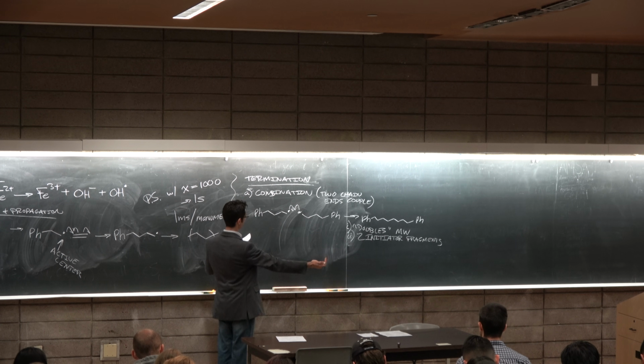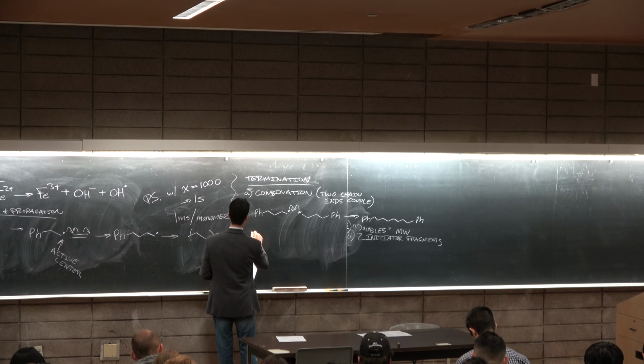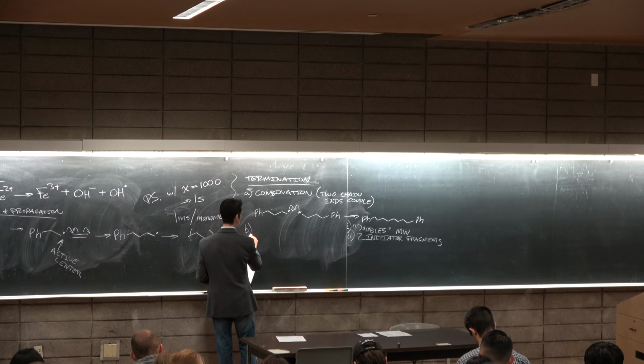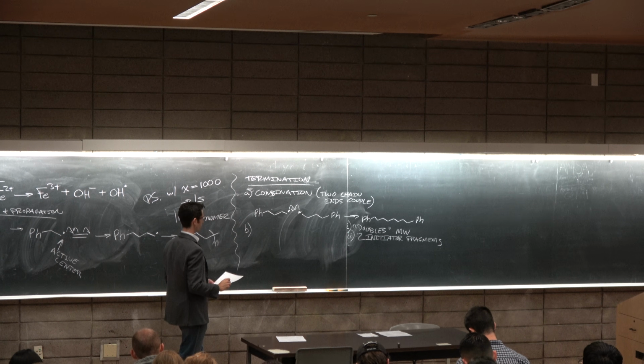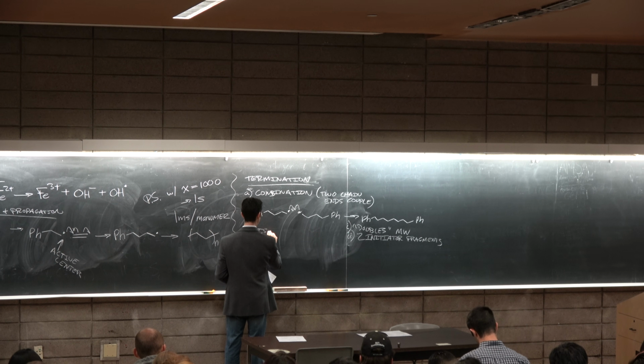Now, what else could terminate the reaction? Well, you can have another kind of bimolecular reaction, but one in which the products do not combine, and this is called disproportionation.